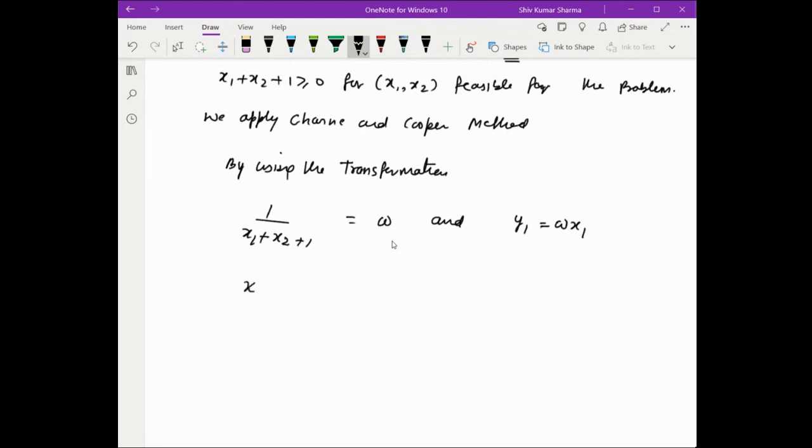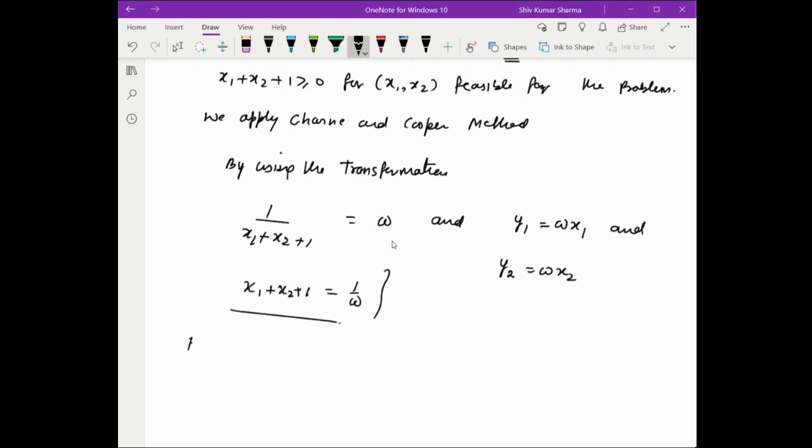This term you can write in this form, that means x1 plus x2 plus 1 equal to 1 upon omega. Both are the same thing. Because we use two variables, we replace y1 as omega x1 and y2 as omega x2.